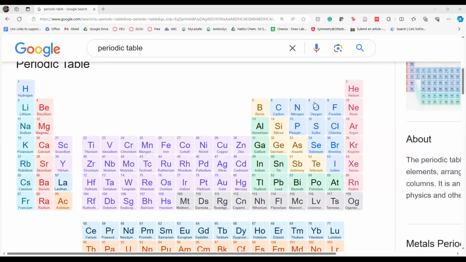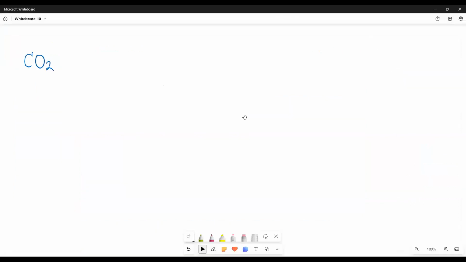So let's go back to our whiteboard. So we just identified that carbon is the central atom and oxygen will be our terminal atom because of their electronegativity.